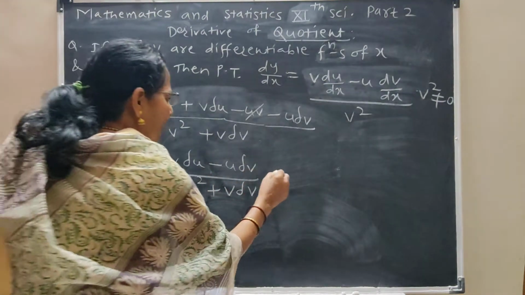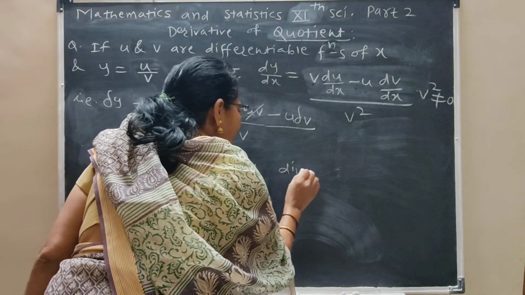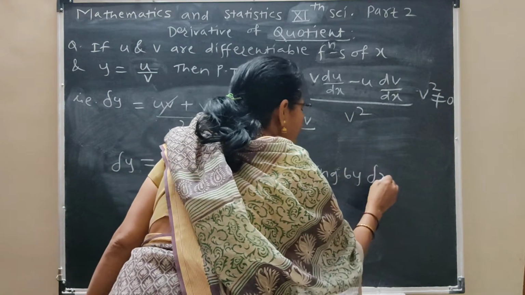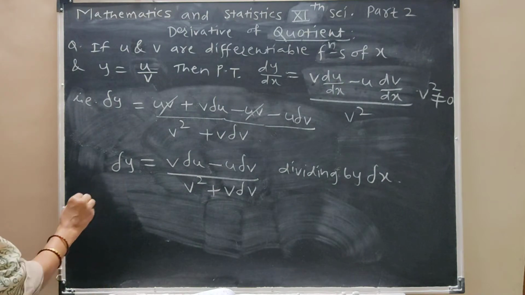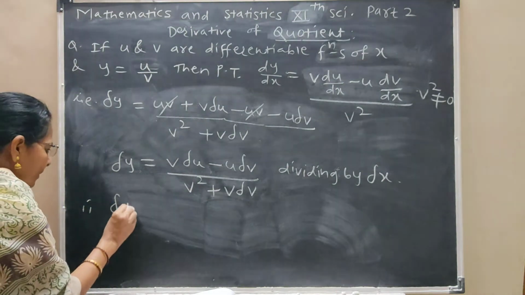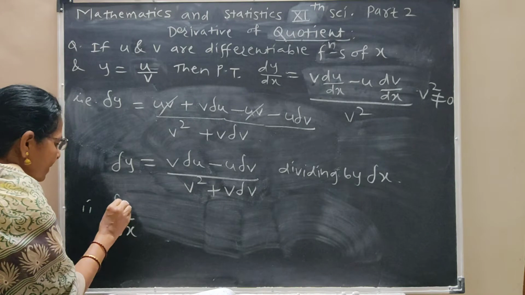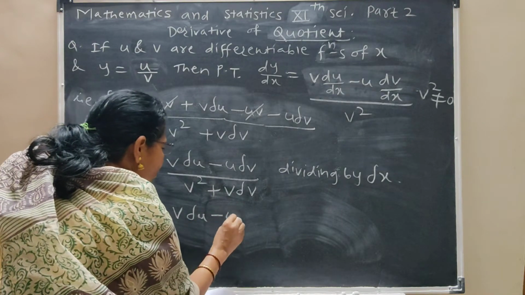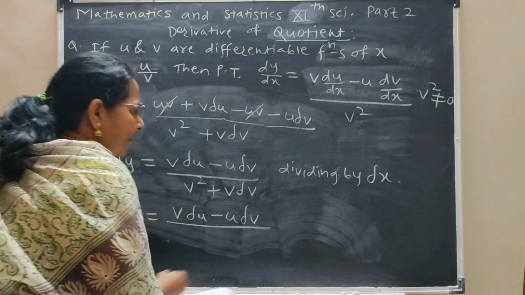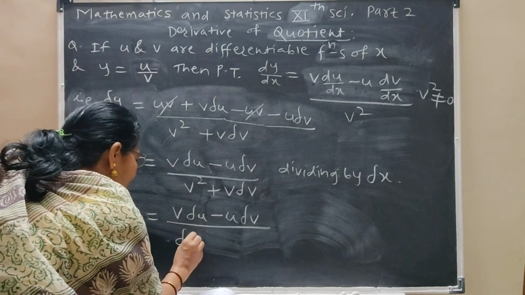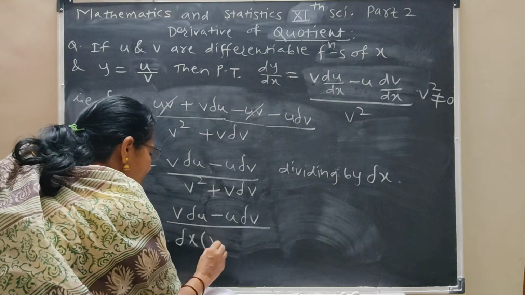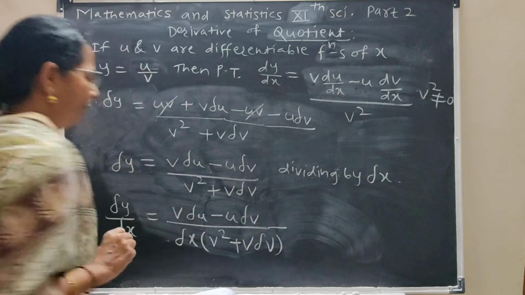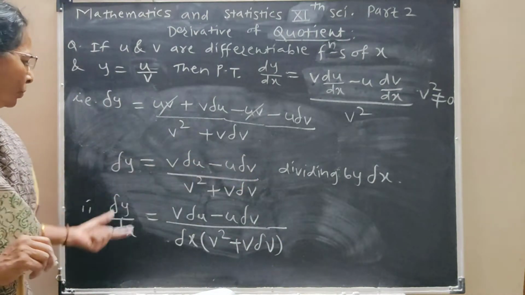Next step, dividing by delta x. Therefore, delta y by delta x is equal to v delta u minus u delta v divided by delta x, and this term as it is, dividing by delta x to both the sides.